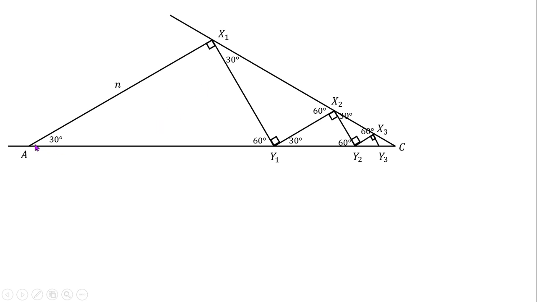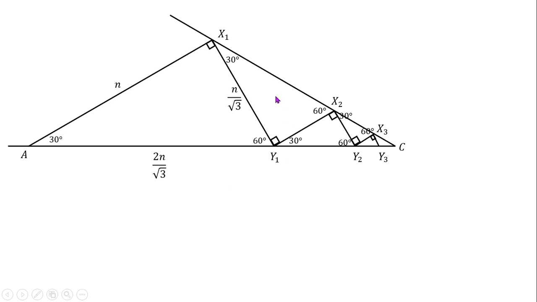Take note that AX sub 1 is adjacent to the angle measuring 30 degrees. So the measure of this side that's opposite the 30-degree angle must be n divided by the square root of 3. Alright? And AY sub 1 must be twice this one. So AY sub 1 is 2n over the square root of 3.